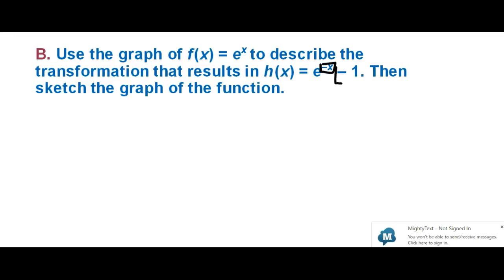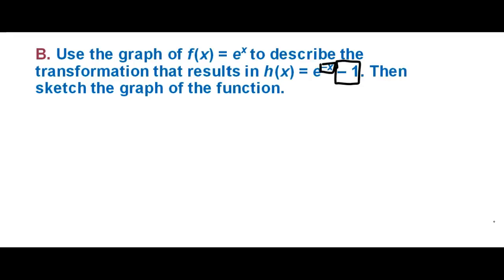And then we also have this minus 1, which is being applied outside the function. So we want to take a look at what both of those are going to do to the function. And we know that the negative is always going to flip it. So since it's inside the function, that means it's flipped horizontally, or across the y-axis.